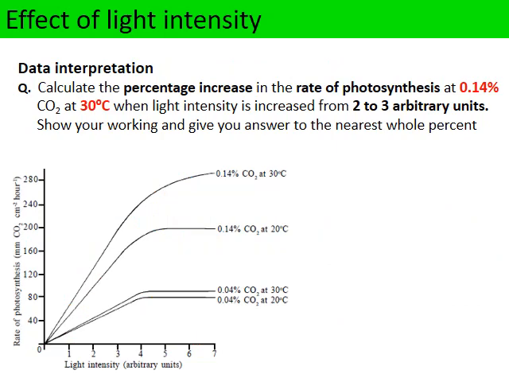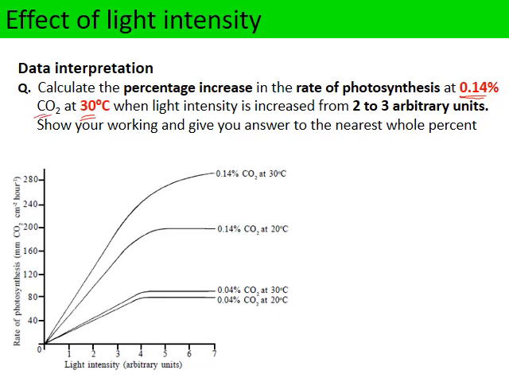Now some data interpretation. Calculate the percentage increase in the rate of photosynthesis at 0.14% carbon dioxide at 30 degrees C when the light intensity is increased from 2 to 3 arbitrary units. So in the exam, we're going to use data and information that were given in the question.